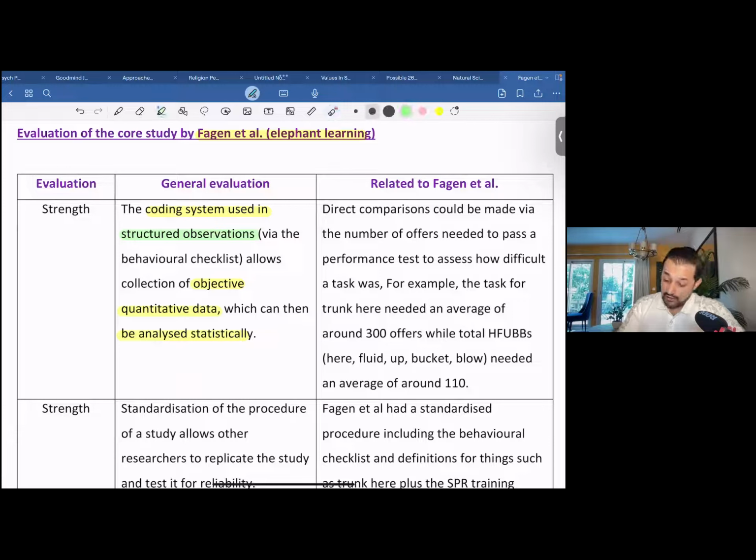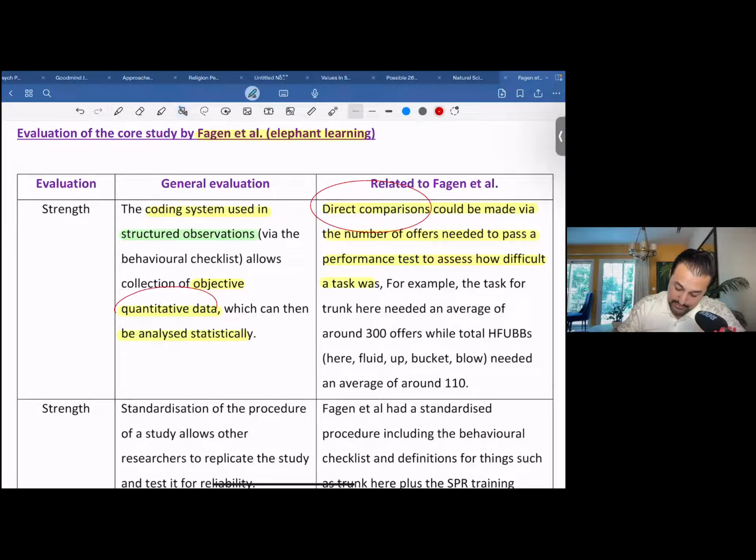So if there's a coding system through which you can collect objective quantitative data, based on which you could have amazing analysis through statistics, direct comparisons could be made, like the number of offers needed to pass a performance test to assess how difficult a task was. So an advantage over here is that direct comparisons could be made.